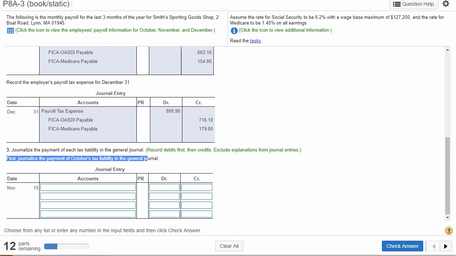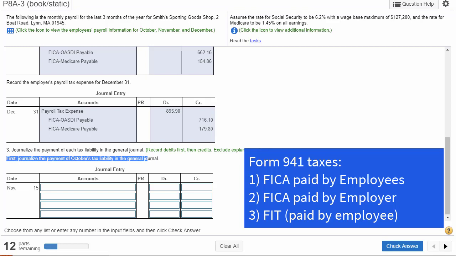The taxes involved with the 941 are FICA, FICA, FIT. I say FICA twice to remind you that there's FICA for the employee, and then there's FICA for the employer, and then FIT. So we need to pay the 2 FICA taxes.